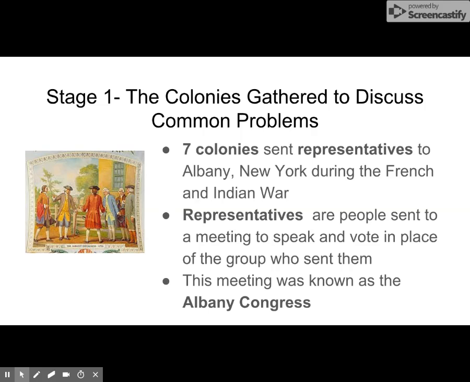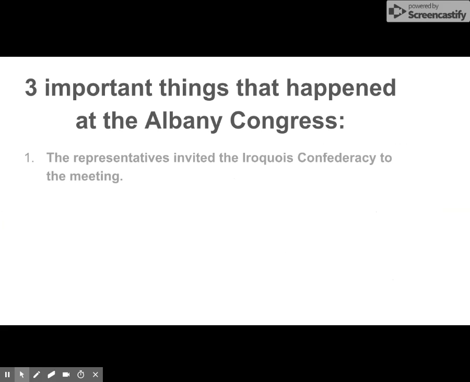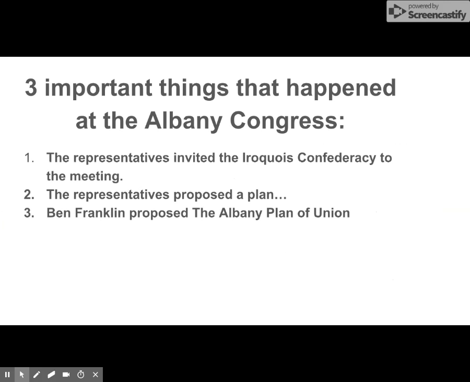At the Albany Congress, 3 important things happened. First, the representatives invited the Iroquois Confederacy to the meeting.